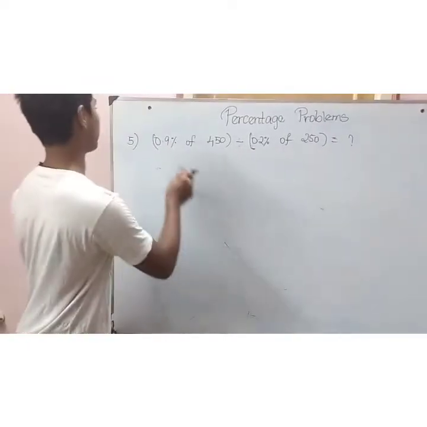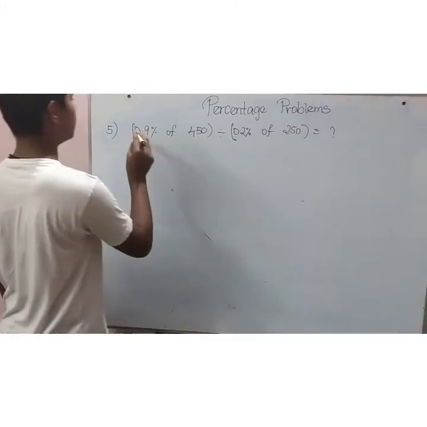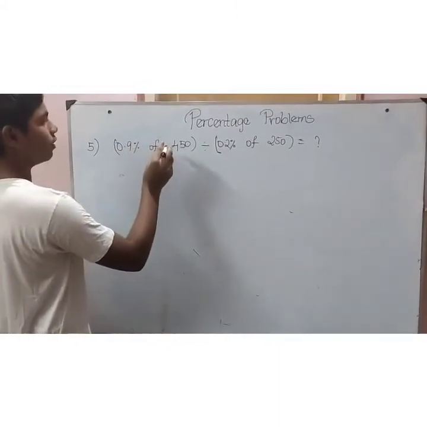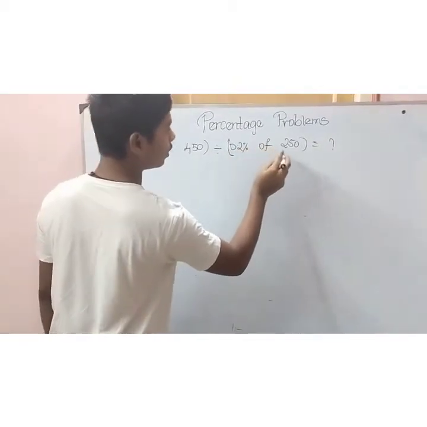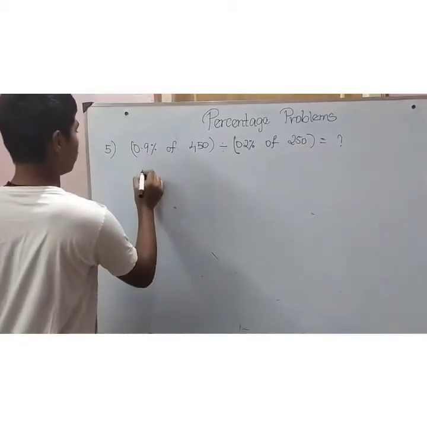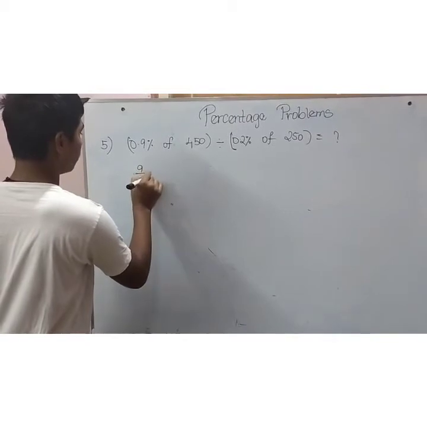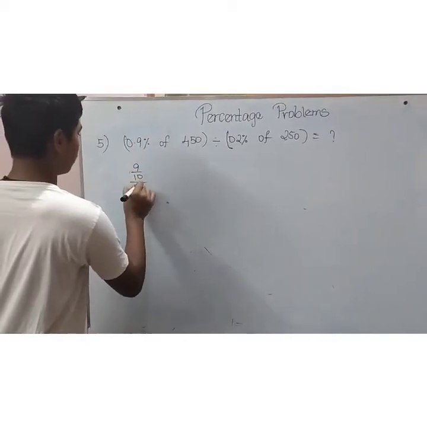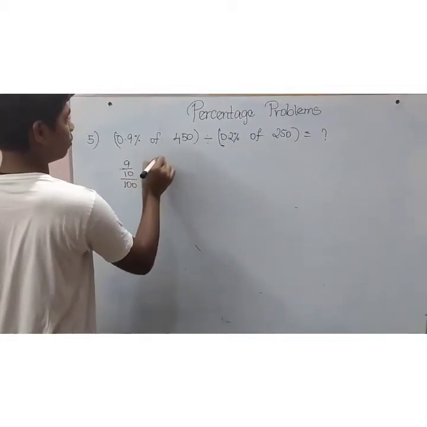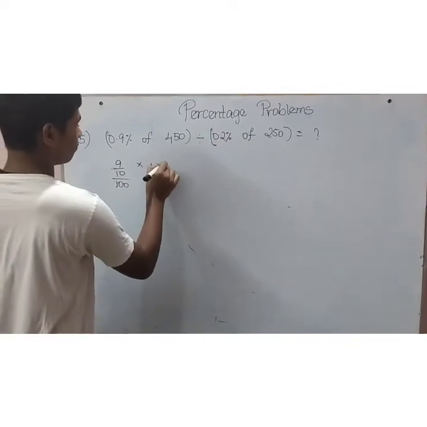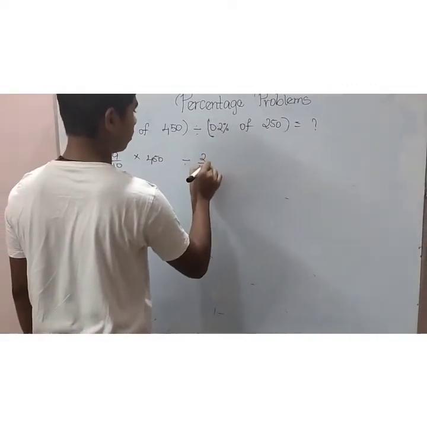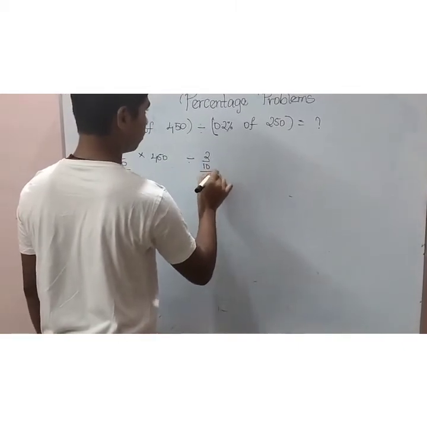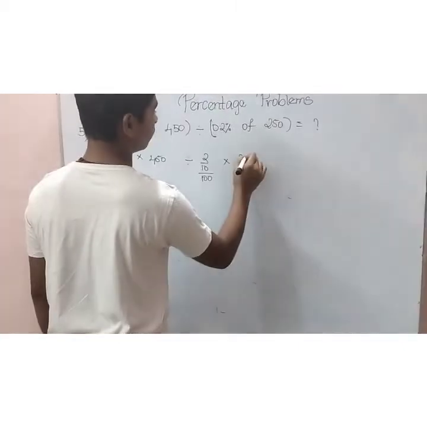Now the fifth problem. I will read the question of the fifth problem, that is 0.9% of 450 divided by 0.2% of 250 is what? Now 0.9 means 9 by 10, percent means divided by 100, of means into 450, divided by 0.2 means 2 by 10, percent means by 100 into 250.